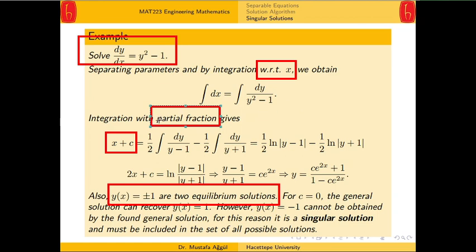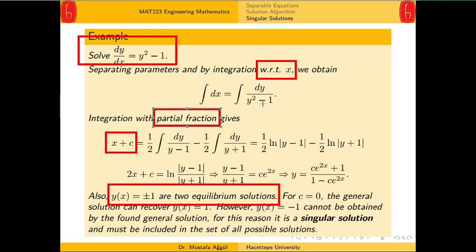So this is a partial fraction decomposition. If you don't remember that, you need to refresh your memory by revisiting some calculus books or your lecture notes from last years.